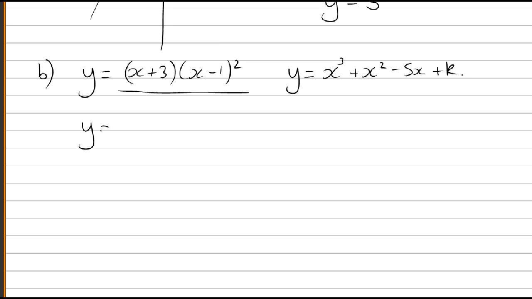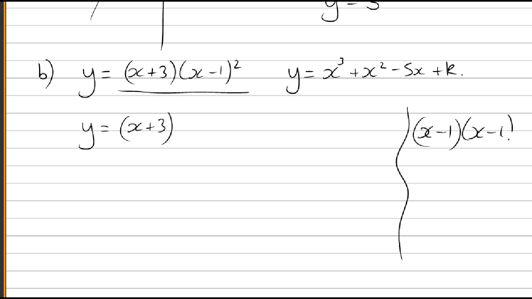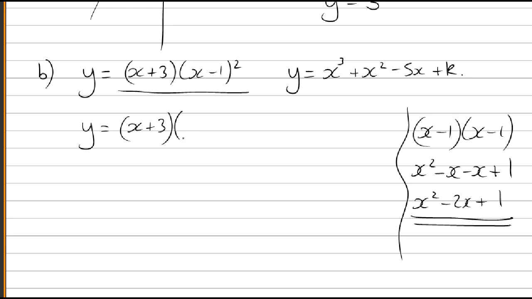So we've got y equals x plus 3, and expanding this, remember it's x minus 1 multiplied by x minus 1. So x times x is x squared, x times minus 1 is minus x, minus 1 times x is minus x, and minus 1 times minus 1 is positive 1, and collecting like terms, we get x squared minus 2x plus 1.